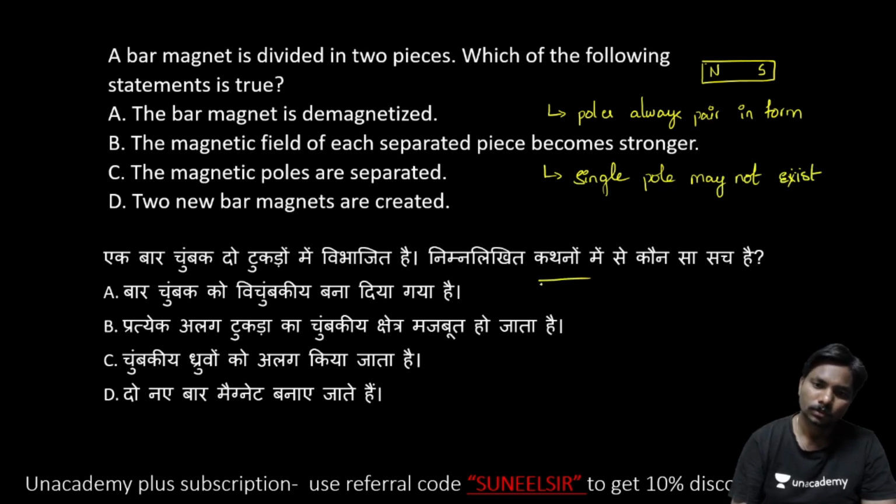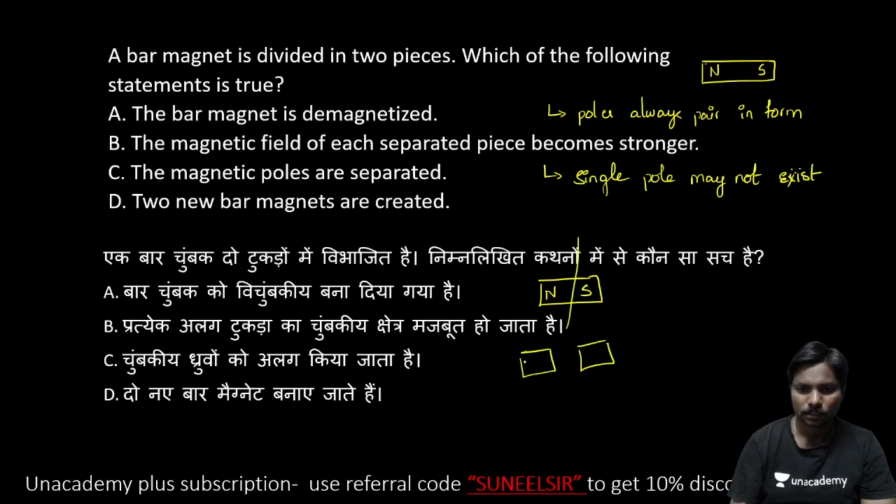So if you cut the magnet into two pieces, you will get it like this. On one side a south pole is created, on the other side a north pole is created.